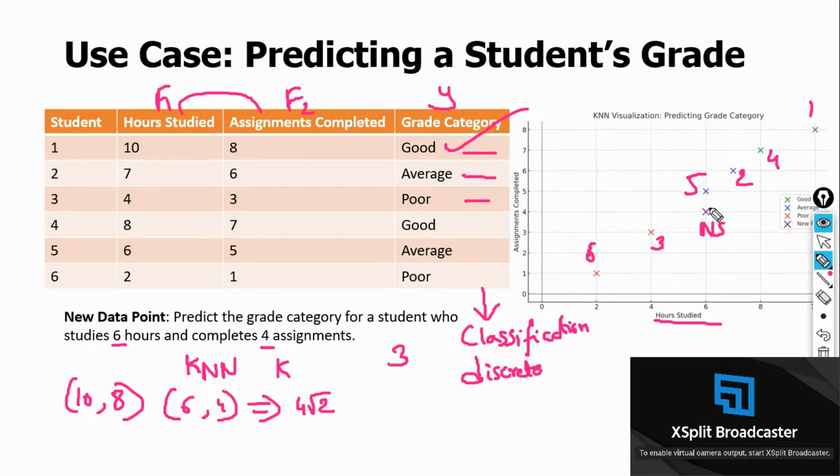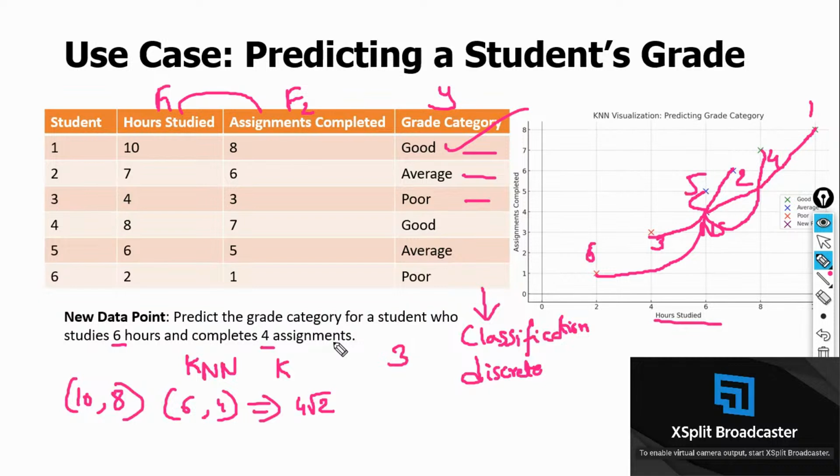The distance with the first student is this one, the distance with the second student is this one, the third student, fourth student, fifth student, and sixth student. All the six distances I have to calculate. That is what the second step talks about.